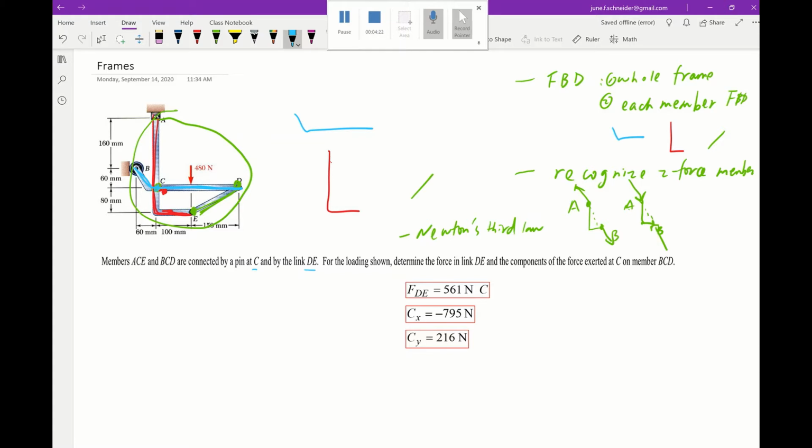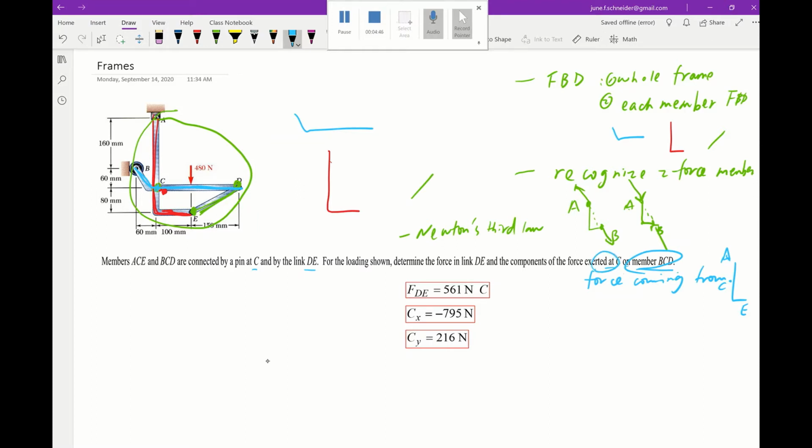Okay? So when you read this, the force exerted at C on member BCD, where is that force coming from? The force is basically coming from your ACE, right? So it's basically ACE applying a force to member BCD at C.